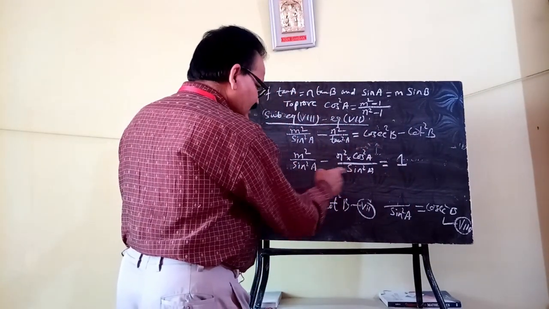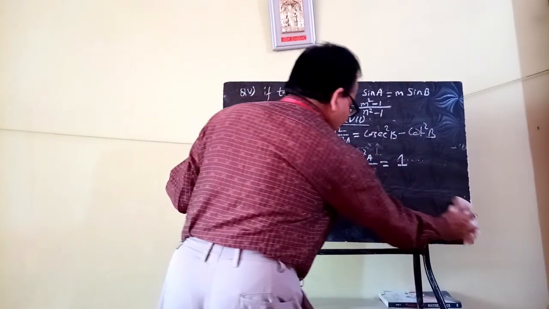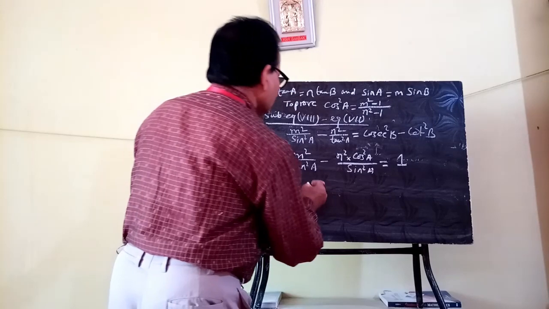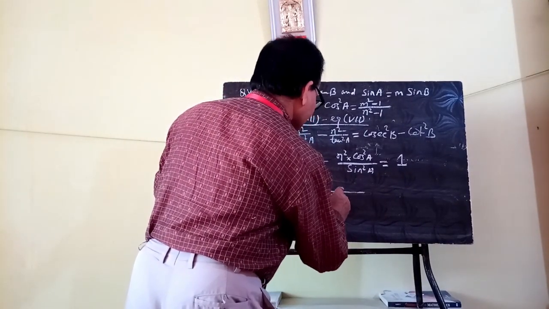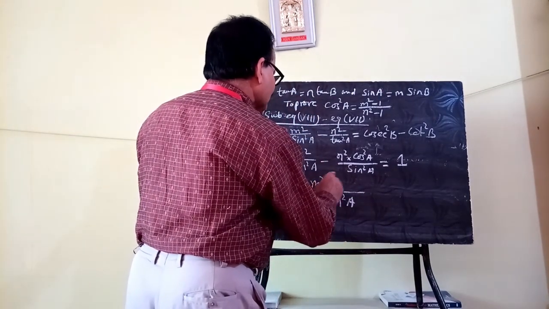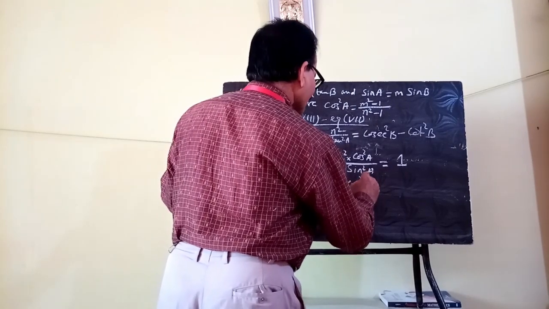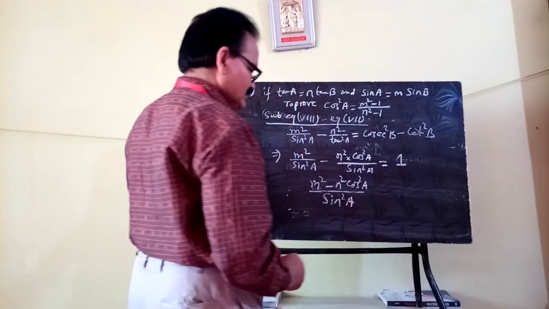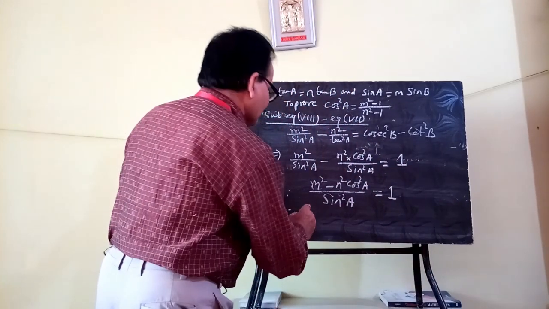So here sin square A is the LCM. In the numerator, this is m square minus n square cos square A, equal to 1.